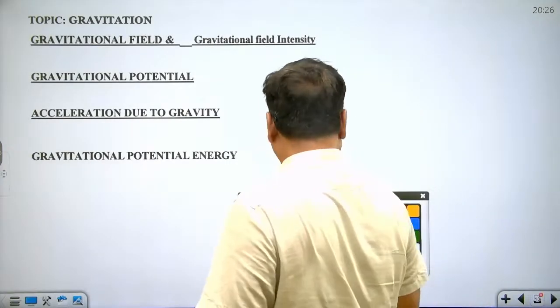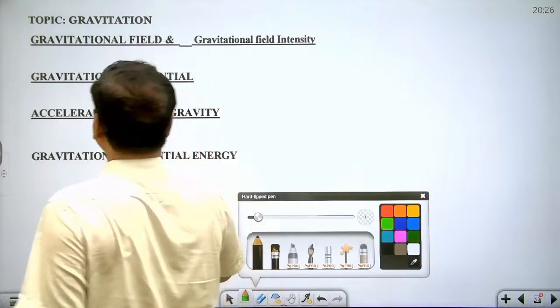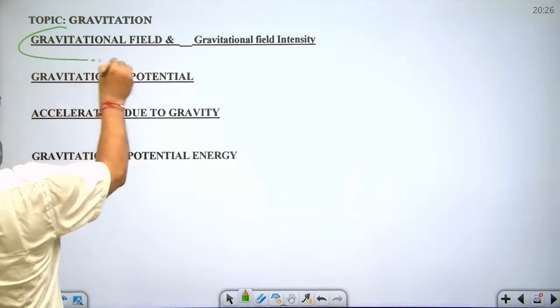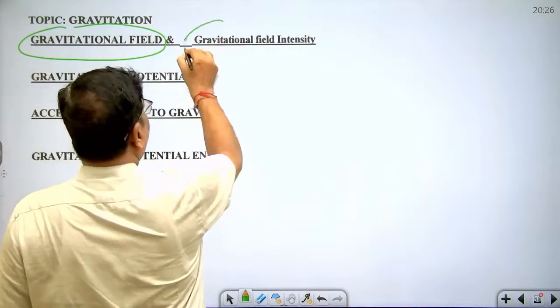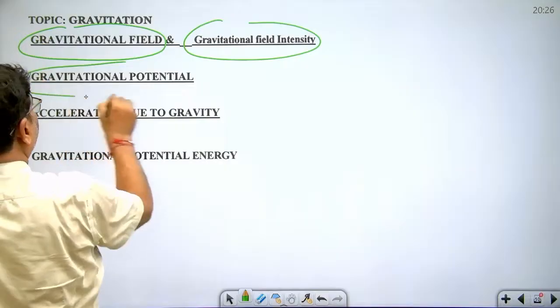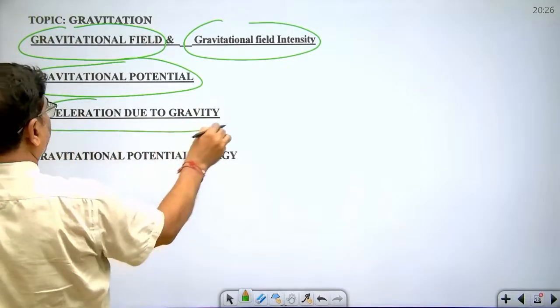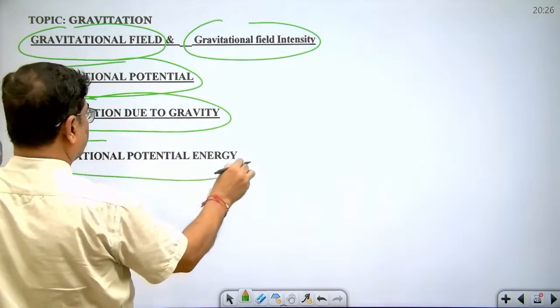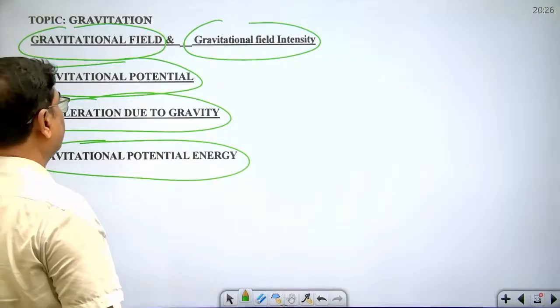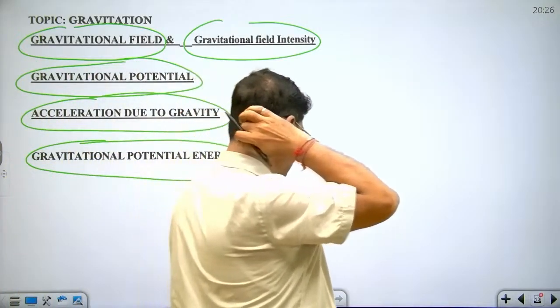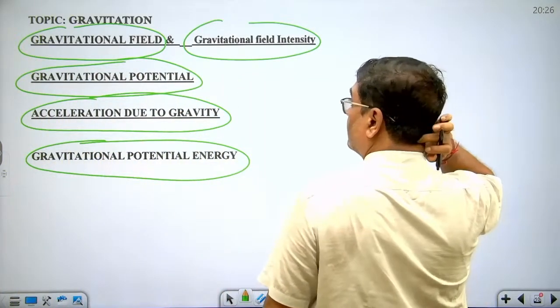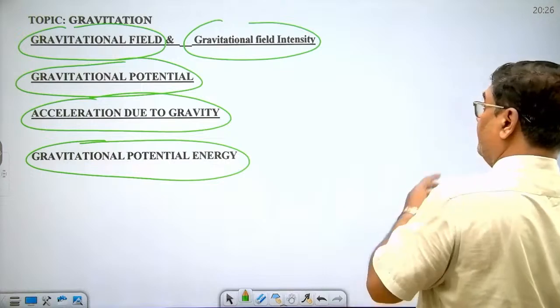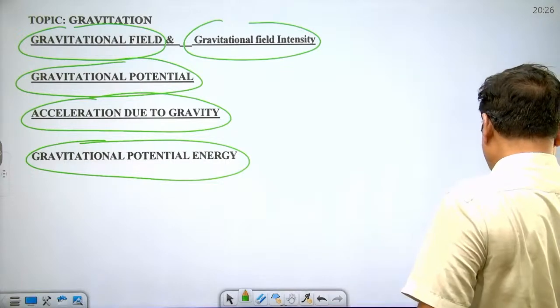Now, in this chapter, we will study gravitational field, gravitational field intensity, gravitational potential, acceleration due to gravity, and gravitational potential energy, and also Kepler's laws. So let's start with gravitational field intensity.